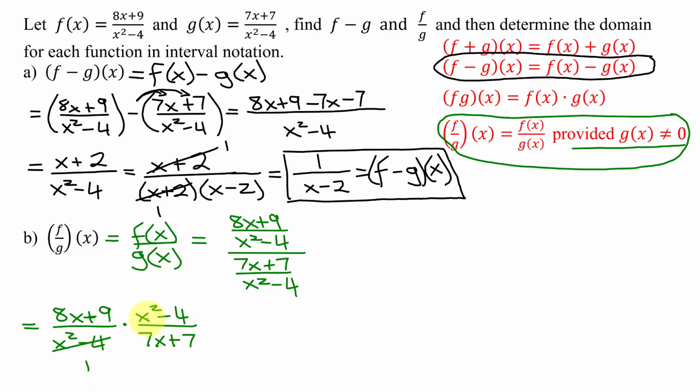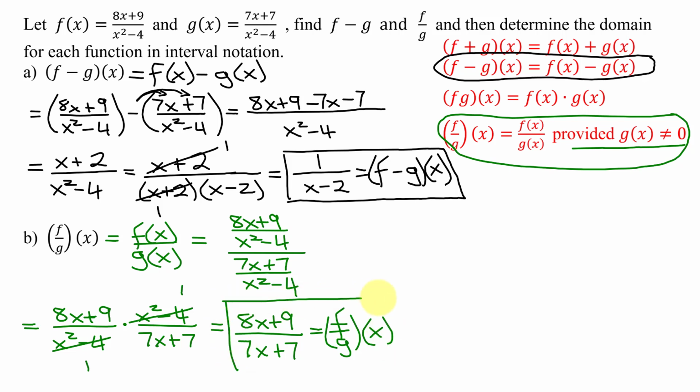Now the x squared minus 4's reduce, and I get left with 8x plus 9 times 1, which is just 8x plus 9, divided by 1 times 7x plus 7, which is 7x plus 7. Does anything reduce here? No, I can't reduce anything. So that is the definition of my new function f divided by g of x.